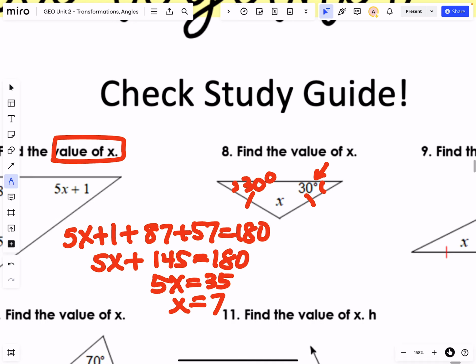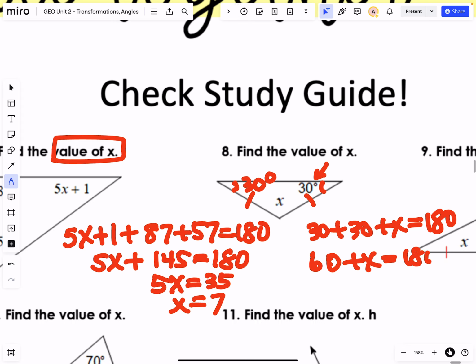And now we've got enough to set up an equation: 30 plus 30 plus x equals 180. So 60 plus x equals 180, and x will equal 120 degrees.